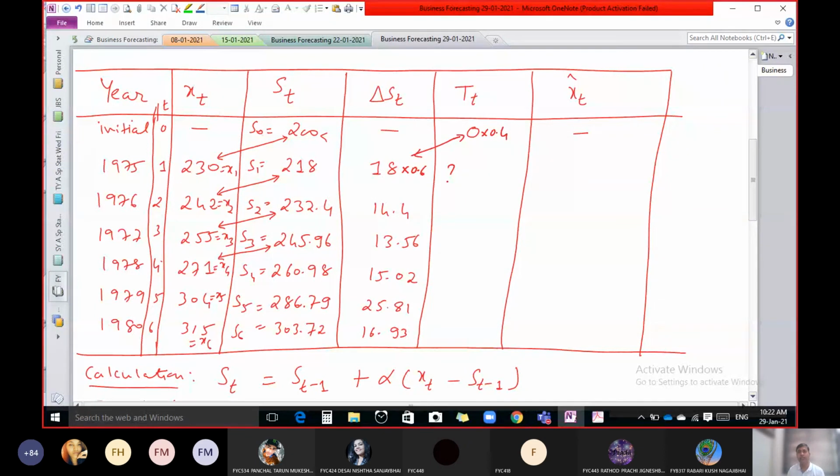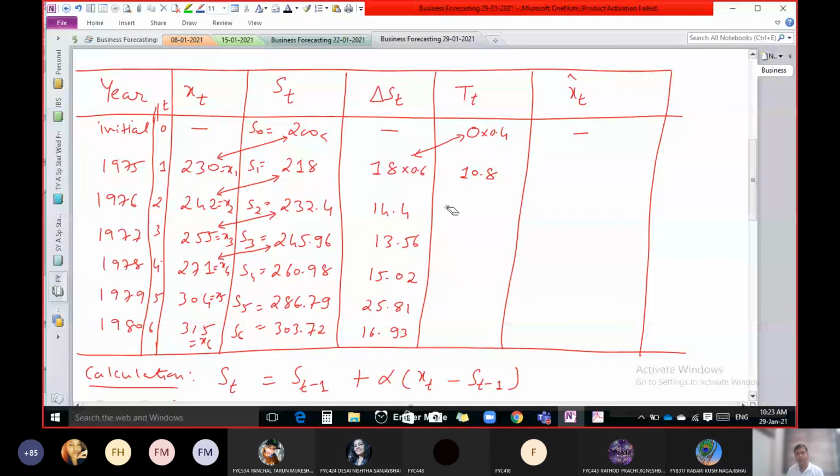So you will get this number. Obviously 18 into 0.6 is 10.8 and 0 into anything is 0. So the final answer is 10.8.